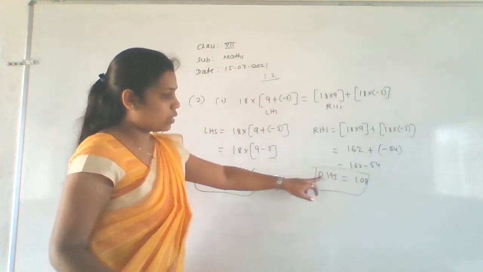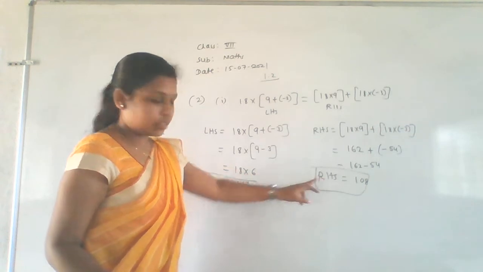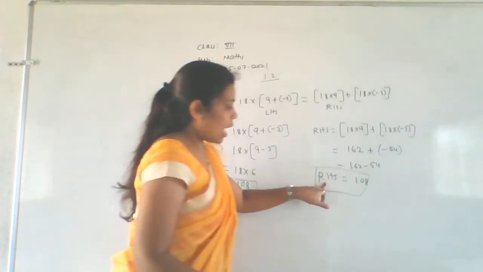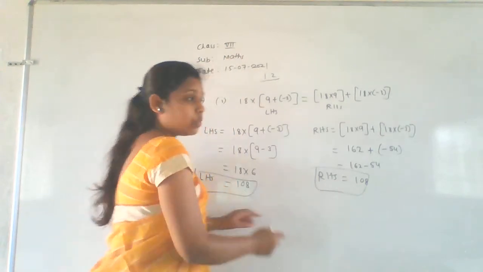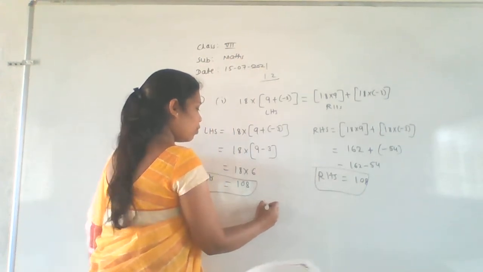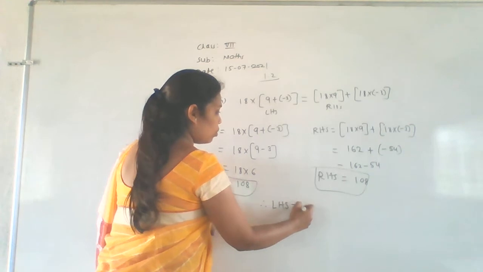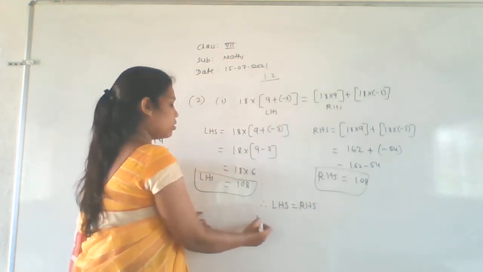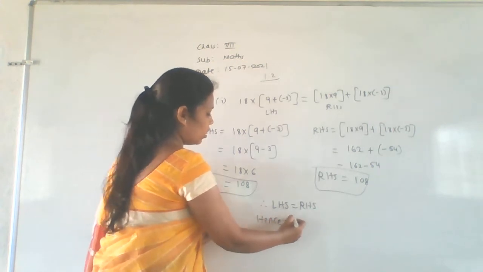Whether RHS is equal to LHS here? Yes, because LHS is also 108 and RHS is also 108. From this what can we write here? Therefore, LHS is equal to RHS. Okay? Hence, verified.